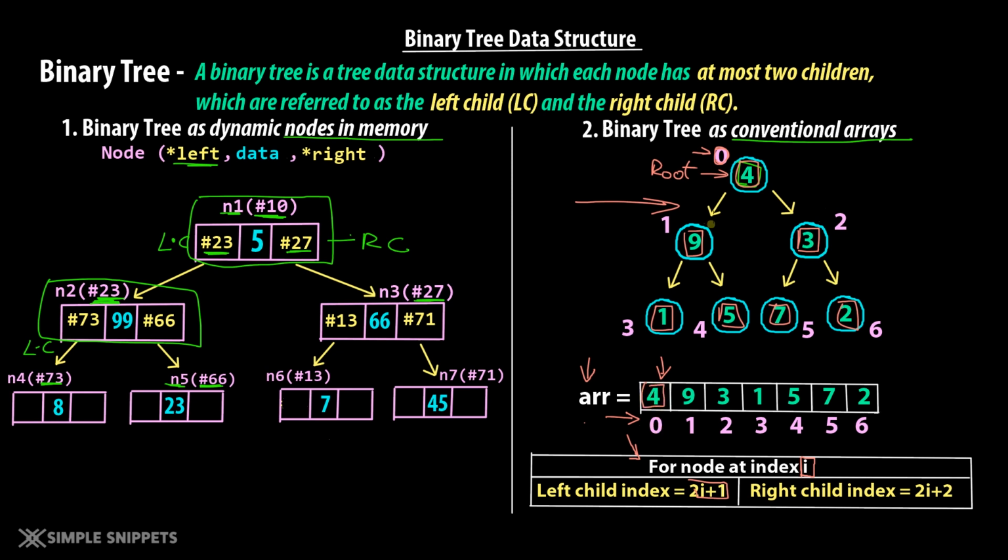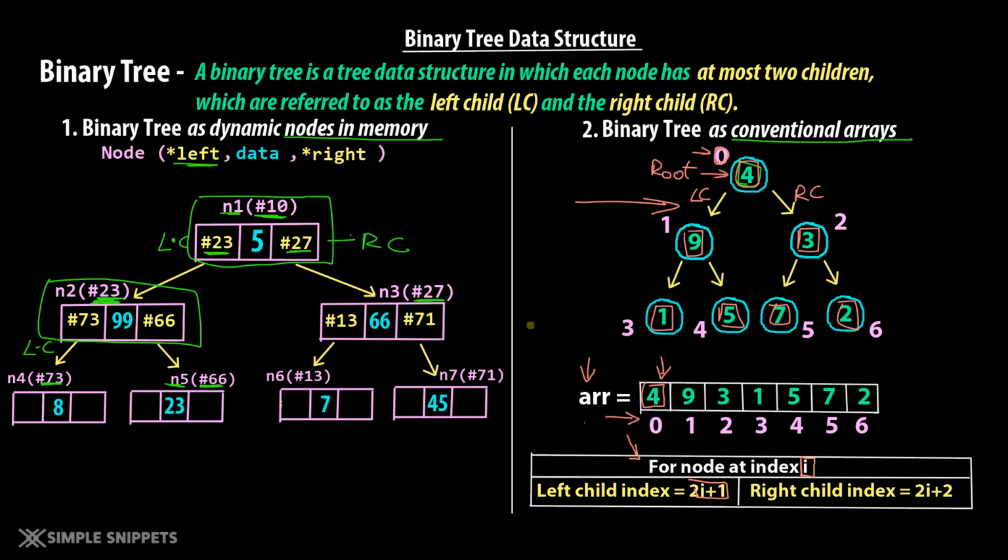After that, of course, the root node has a left child LC and right child RC. LC is 9. So 9, where do we store in this array? It is given by this formula 2i plus 1. So for the node at index i, which node is there at index i? It is the root node, and the index value is 0.